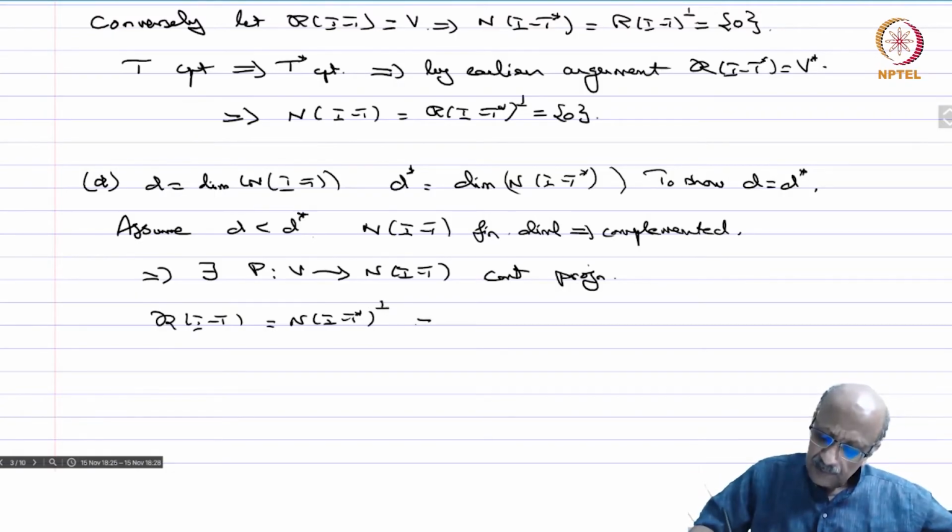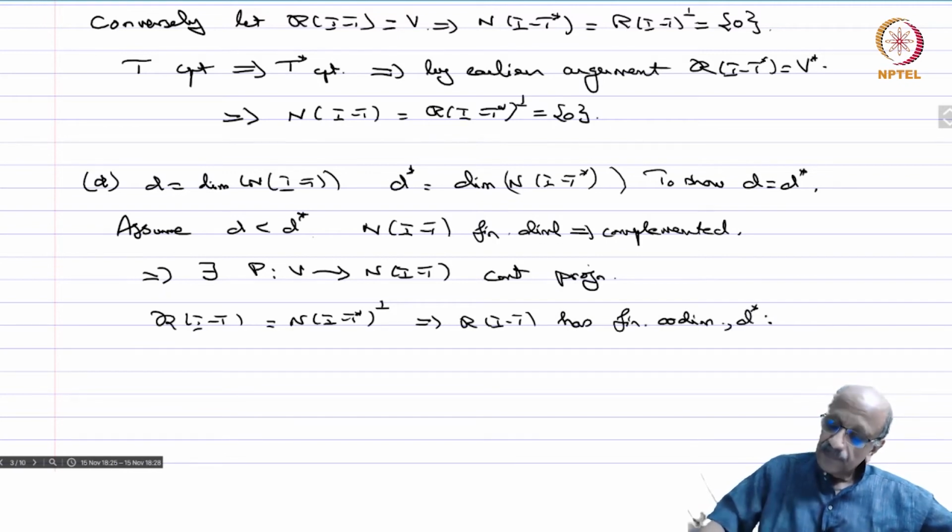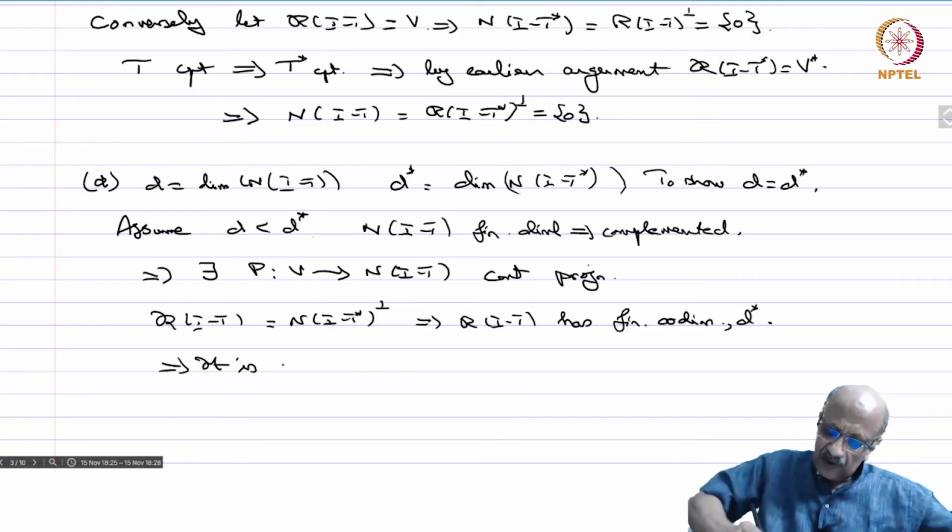So this implies that the range of I minus T has finite codimension D star, and therefore it is complemented. Again, we have seen these things before.